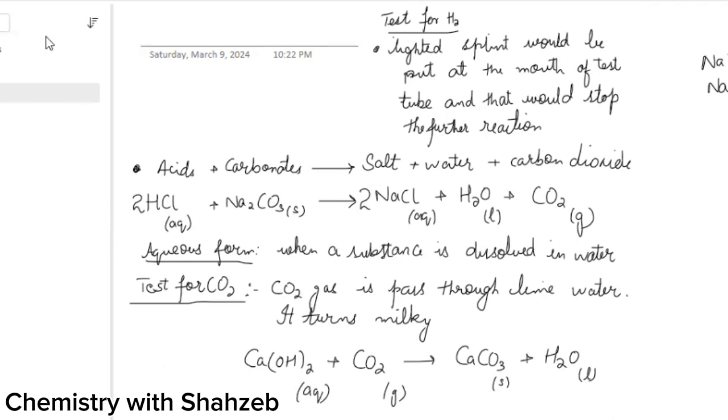Okay, there is one more property that I want to discuss: when acids react with metal oxides, they form salt and water. Do you remember that we discussed certain non-reactive metals, like copper? Copper does not react with acids. We have already discussed this.